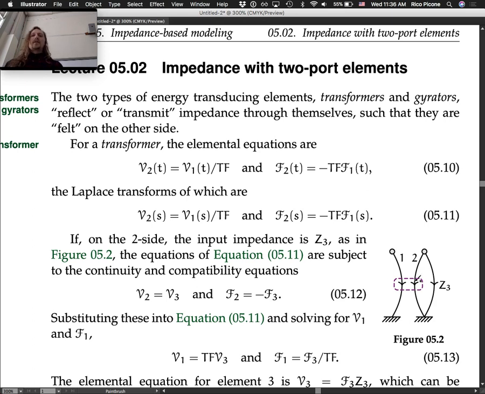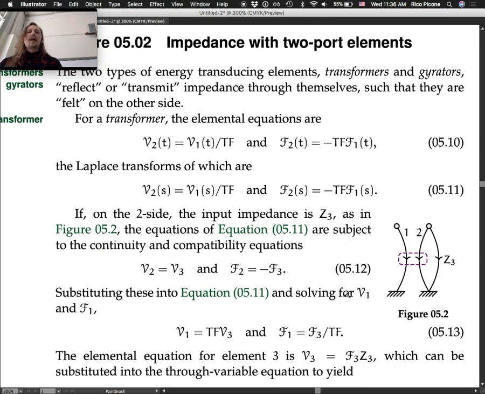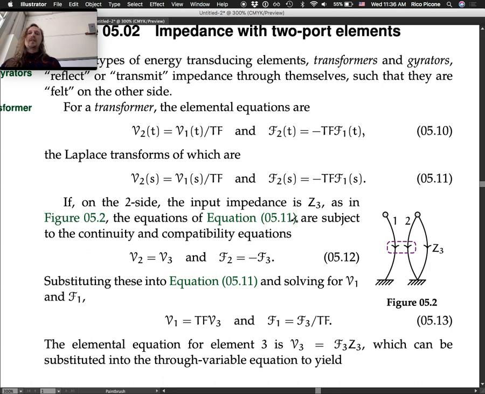The equations of 5.11, in this case, are subject to the continuity and compatibility equations that V2 is equal to V3, so the across variable V2 is equal to the across variable V3, and F2 is equal to negative F3.